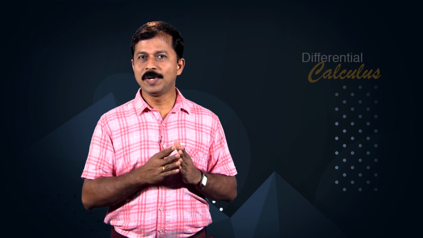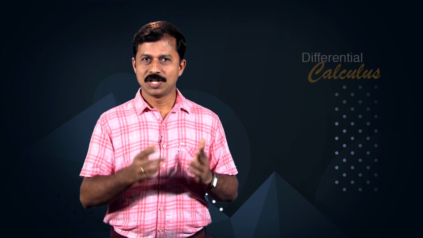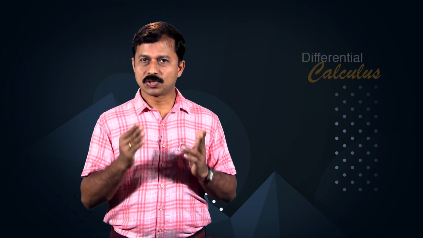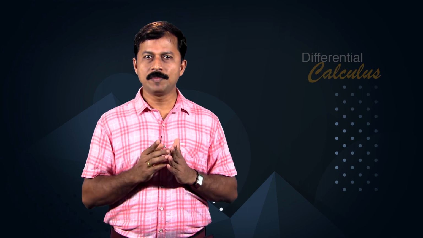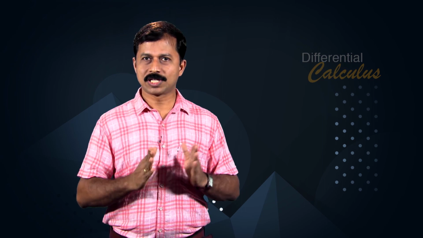Also, dY by dX is the slope of the tangent to the evolute at P prime. Hence, from equation 3, the slopes of the two lines which have a point P prime in common are equal, and as such they coincide. Thus, the normals to a curve are the tangents to its evolute. This completes the proof.